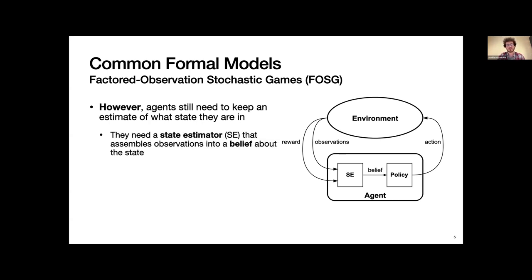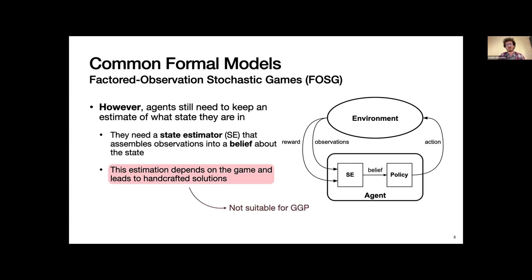And this is done through a state estimator that just groups observations into a belief about the current state of the game. But these estimations depend on the game and often lead to crafted solutions inside the agent. And so this is also not suitable for general game playing.